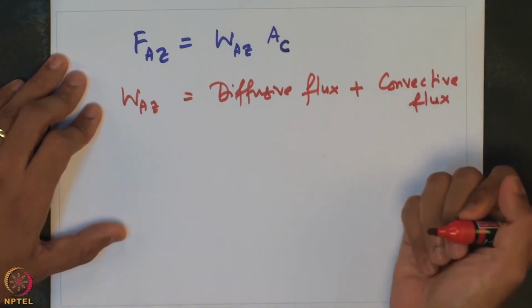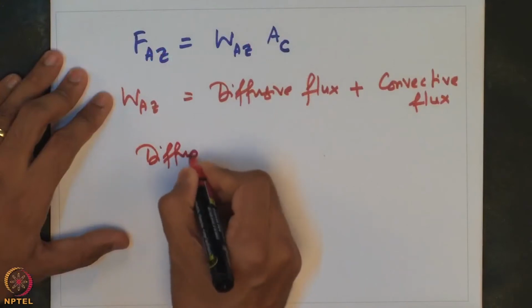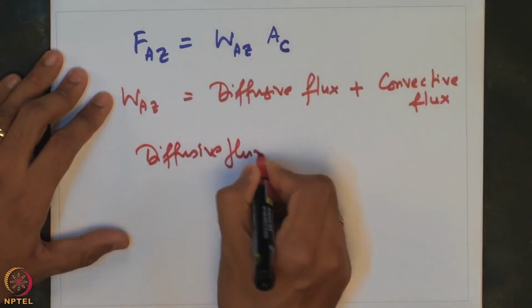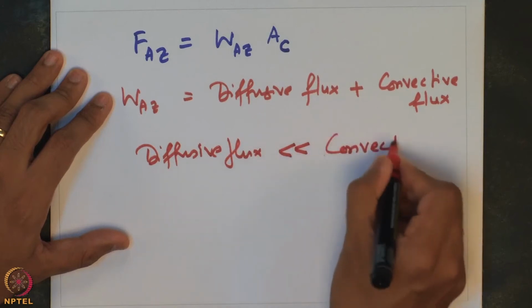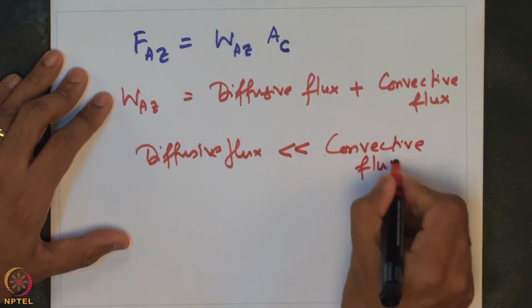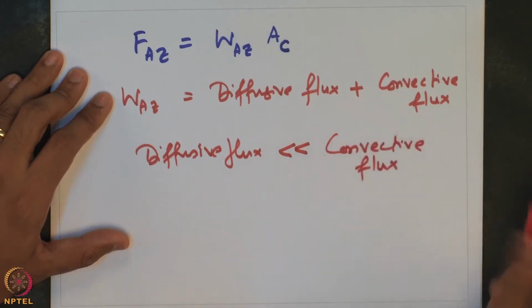Now, suppose we assume that the fluid is flowing at a reasonably high rate, the superficial velocity is pretty high, then we can assume that the diffusive flux is much smaller than the convective flux, which means that the convective flux is essentially dominating the molar rate at which the species is flowing through the reactor at any location.